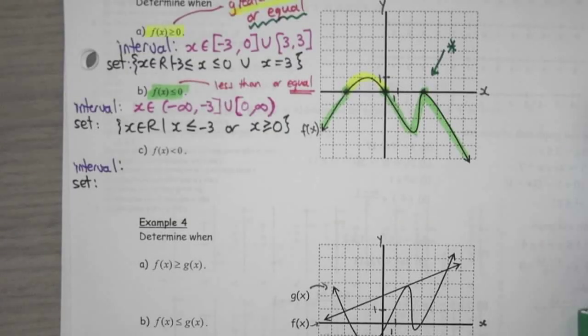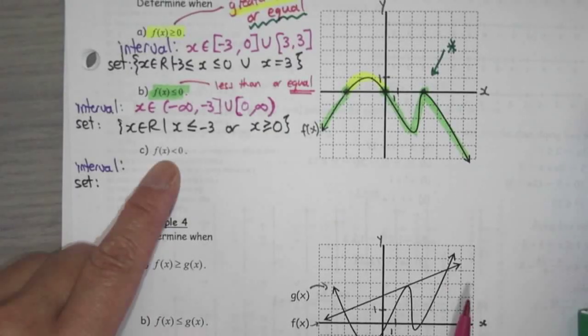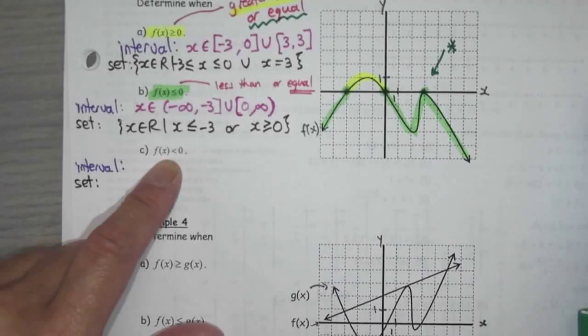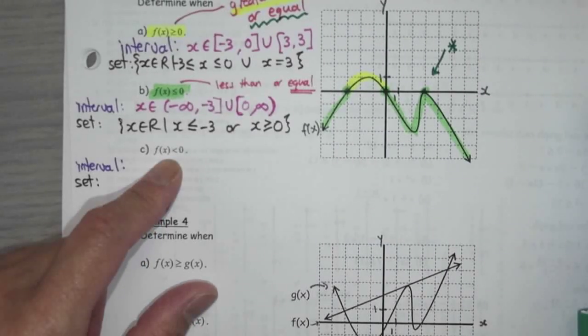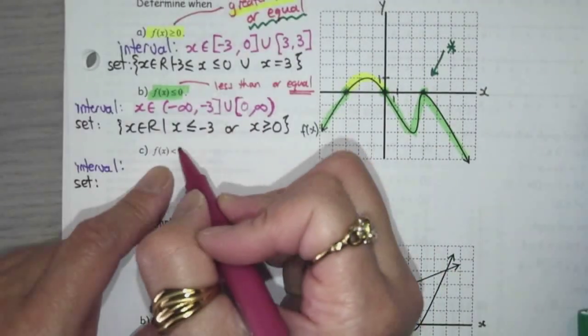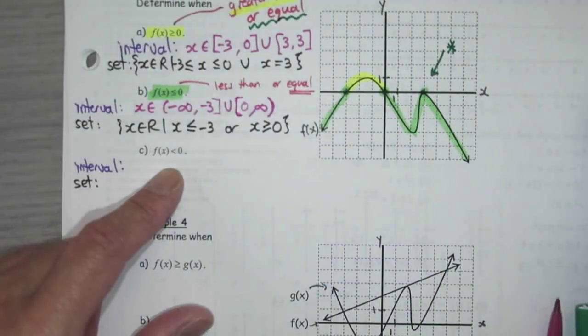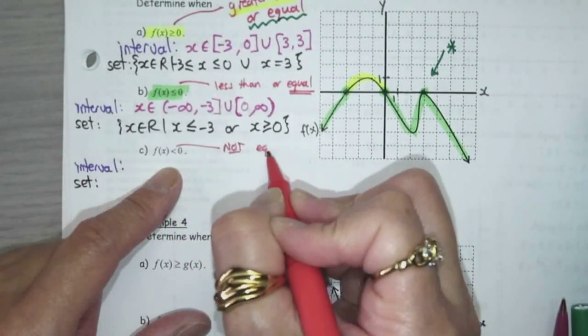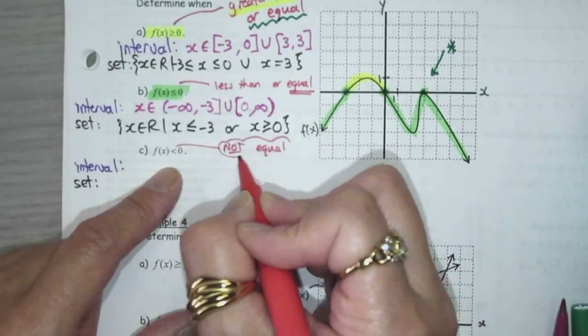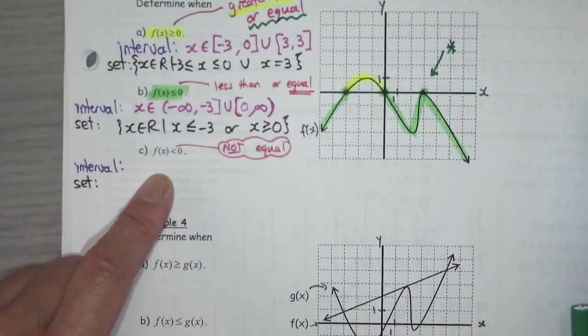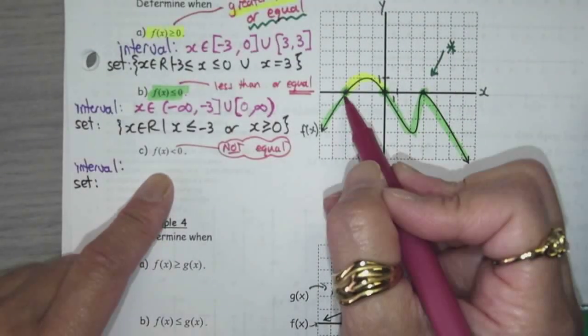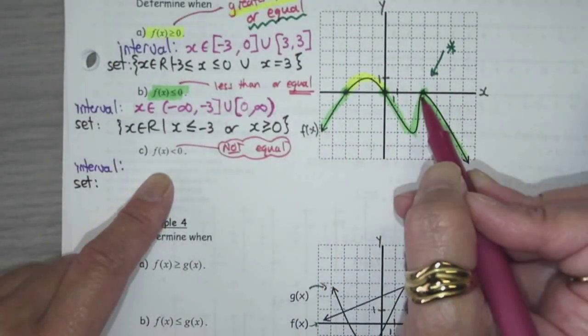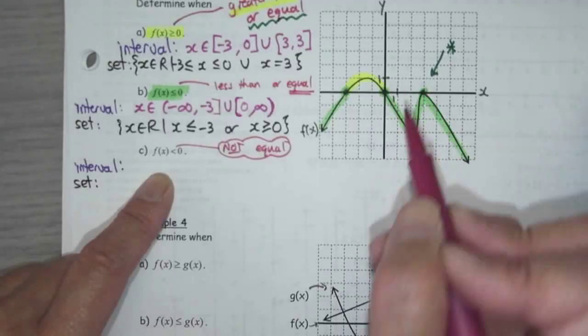Couple more times now. We've got, where's the function just below 0? Only below, not equal to, right? So this one here, this is saying not equal. So I want only below, so below, below, below, but don't take the dots.